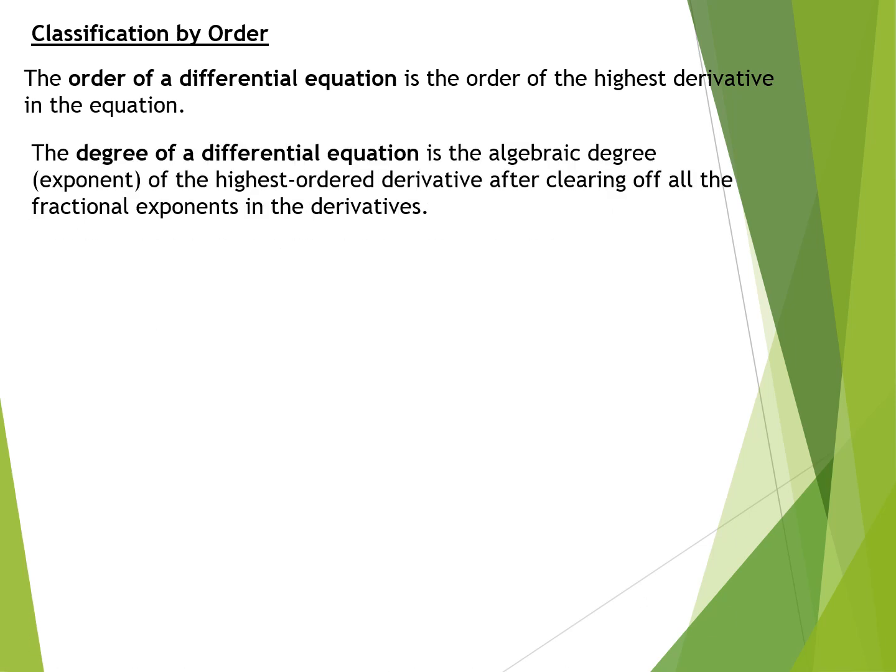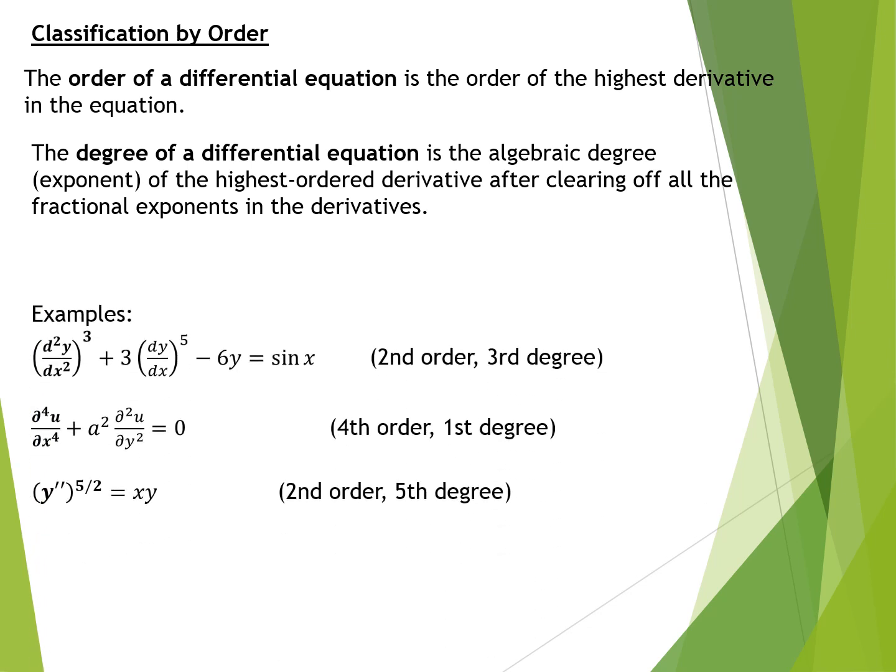And the degree of a differential equation is the algebraic degree, or exponent, of the highest order derivative after clearing off all the fractional exponents in the derivatives. Now look at these examples. This is second order. Why is it second order? Because the highest derivative there is d squared y over dx squared, or y has been differentiated a maximum of twice.